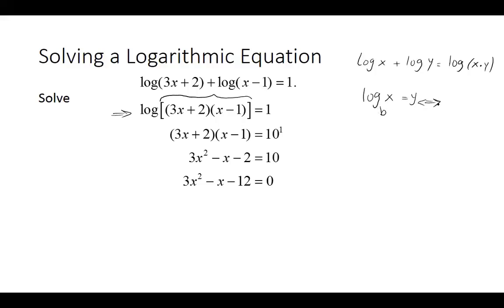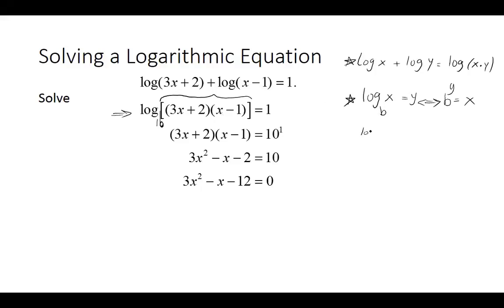The base of the log matches the base of the exponential, so b to the power of y is equal to the argument x. This is another one that you need to remember. So over here, my base is 10 because there's no number here. If I want to write this as its exponential function, I will write 10 to the power of 1 is equal to my argument, like we have here.